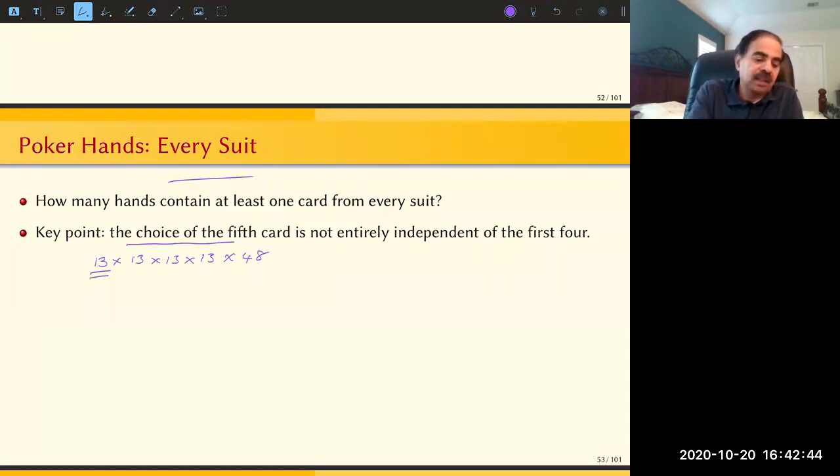So you have 13 choices for the rank of the first suit, 13 choices for the rank of the second suit, and so on, right? And then the 5th card is chosen in one of 48 ways, right? But as I said, it's not entirely independent. So where could we be double counting?